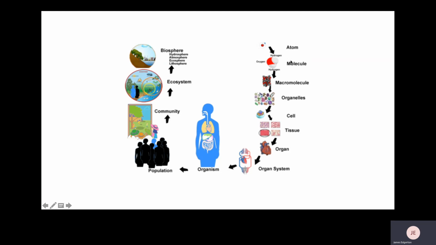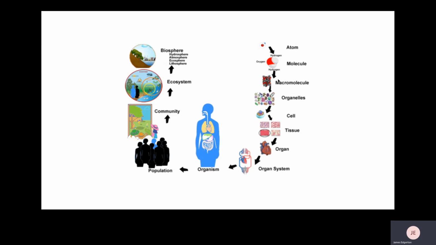Atoms combine to make molecules. Remember, molecules can be any two atoms that combine, and a compound is any two different atoms that combine. Here we're adding macromolecule, which is just a combination of molecules combined together.